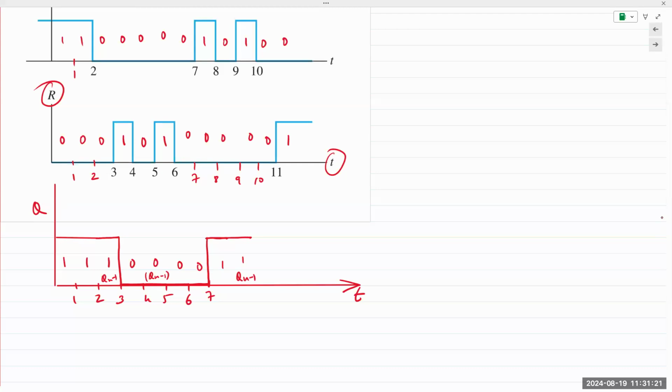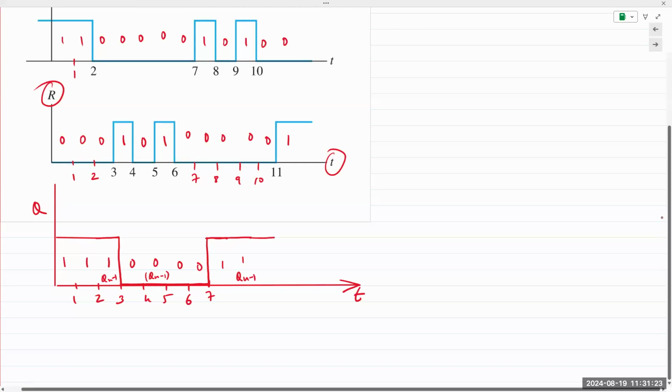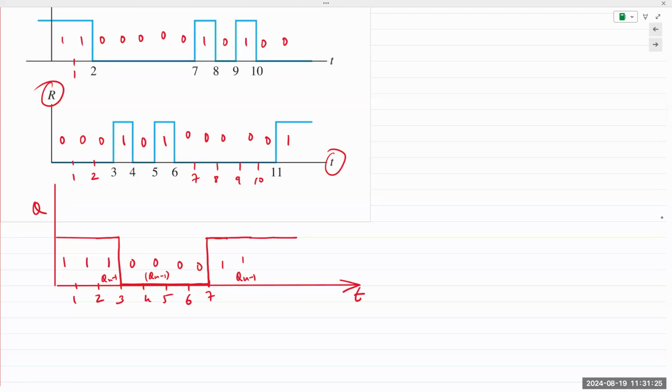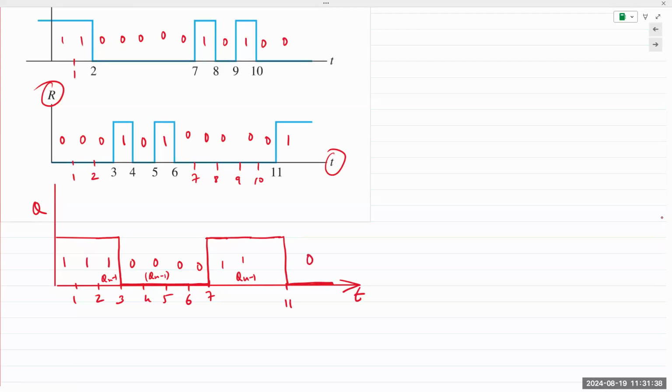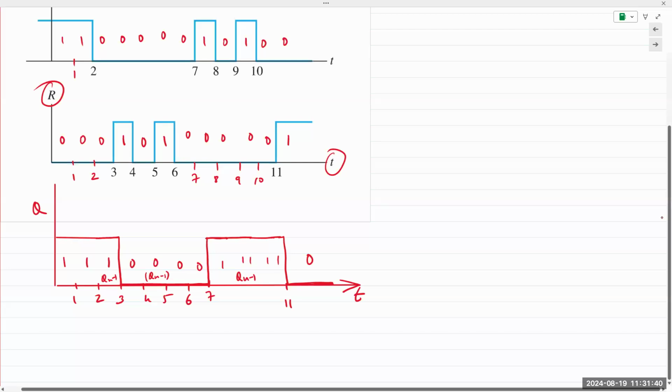Then it's again 1 and 0, so it remains high. 0 and 0, previous state, 0 and 0, previous state. And finally, it reaches 11, and that's when it goes to 0. So previous state, previous state, previous state.